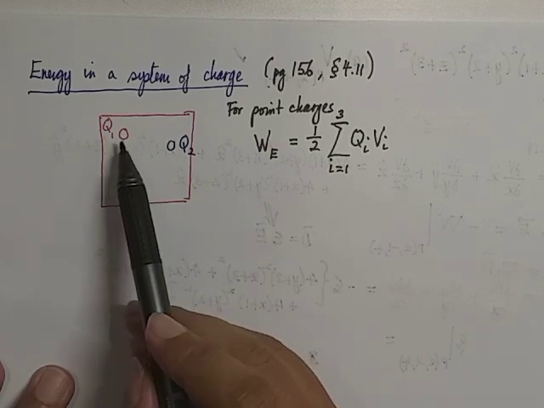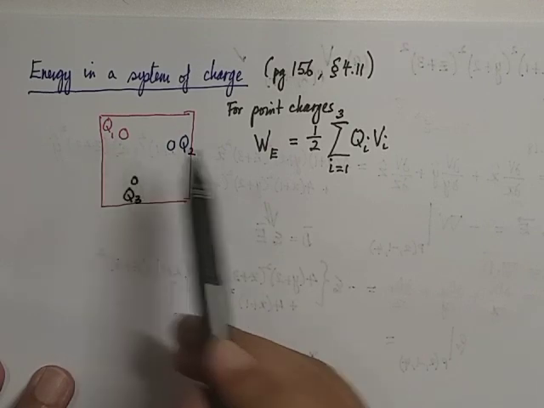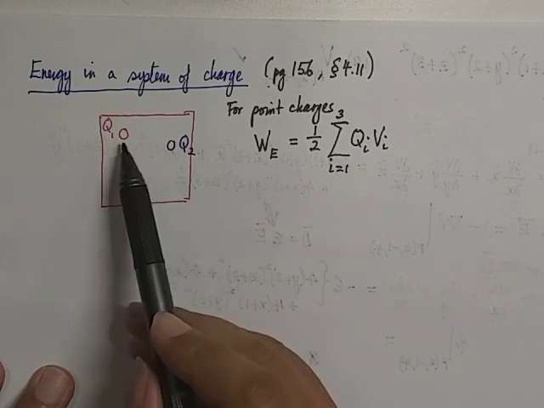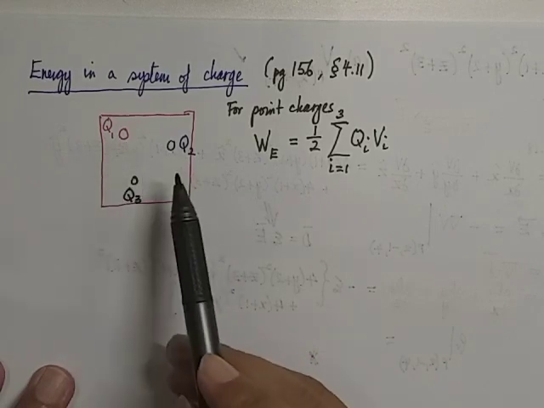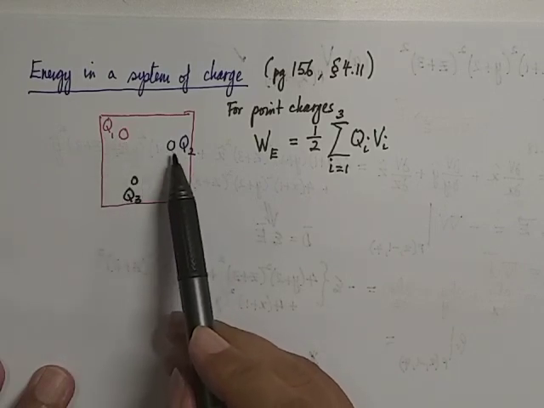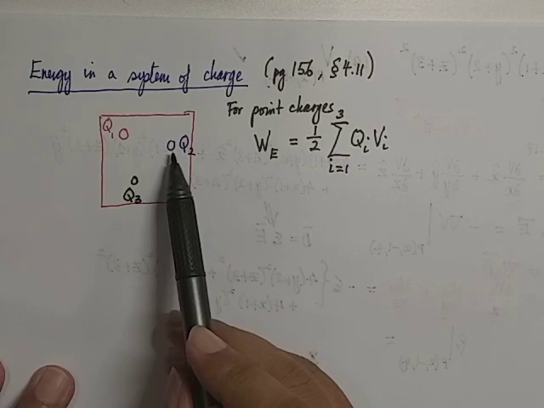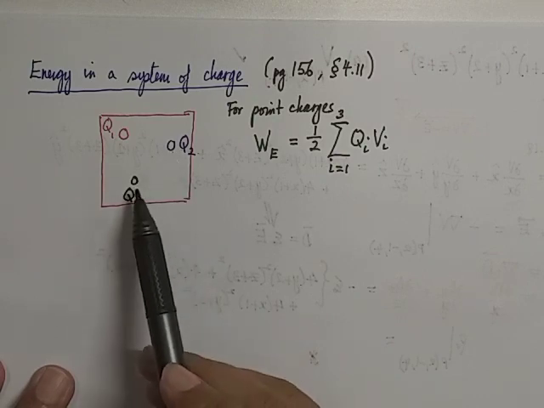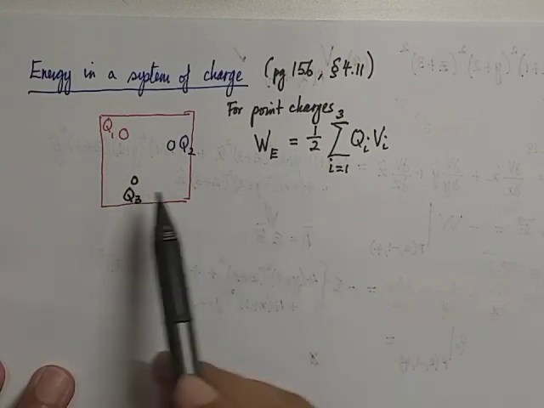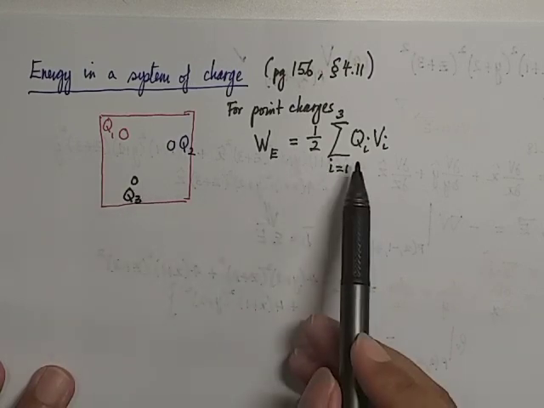The potential at this particular position. So the V is referred to the position where we are focusing for Q1, and we call that V as V1. For Q2, the V that we are focusing on here is known as V2. And the V we are focusing on here is known as V3. So that should be the way we interpret the equation.